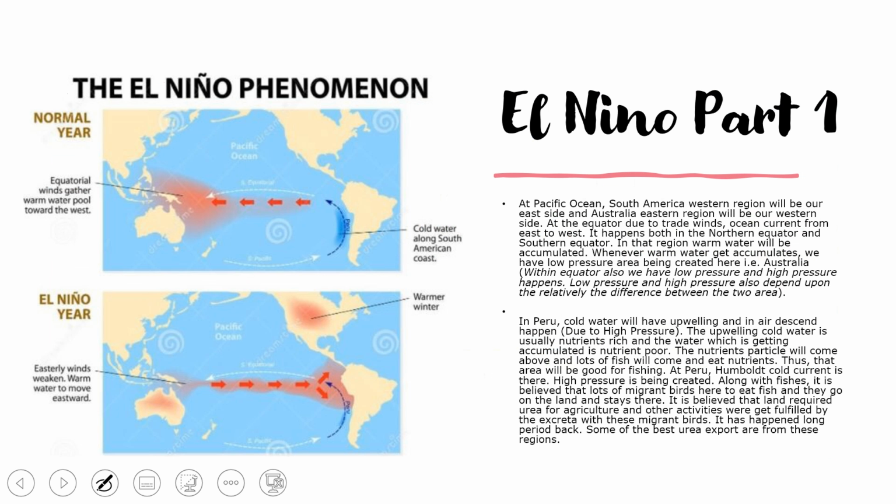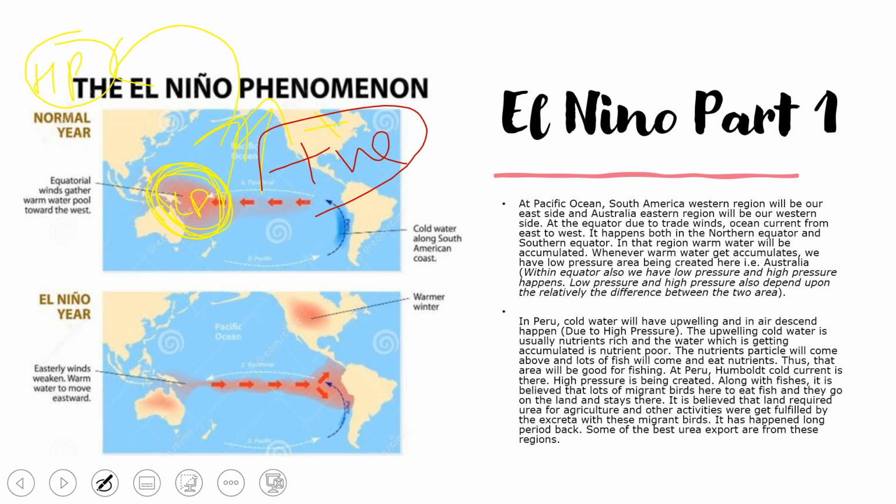So if we get the accumulation of warm water here, then a low pressure zone will be created. And in that season we will have a high pressure zone in the Mascarene Island. So ultimately this water will rise above and fall in the Mascarene Island, and thus this phenomenon of positive dipole will occur.